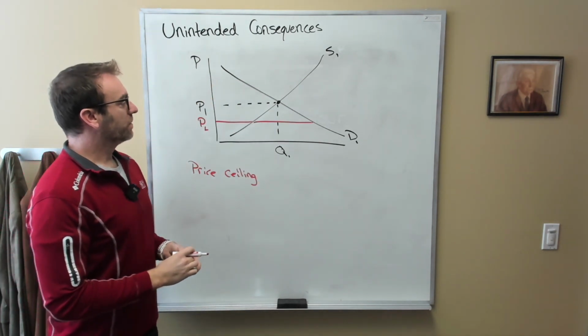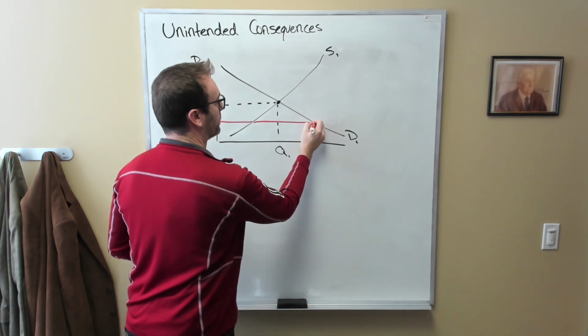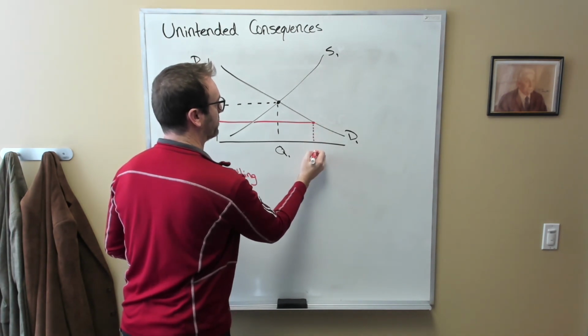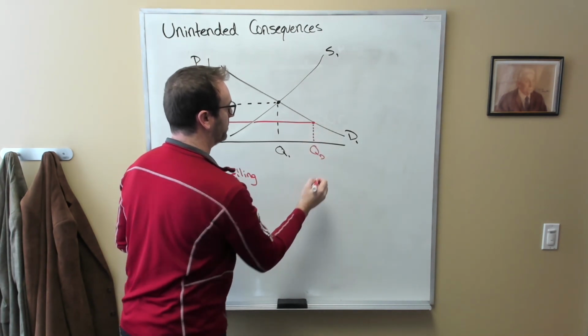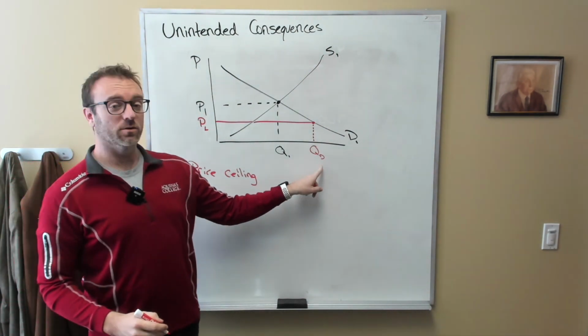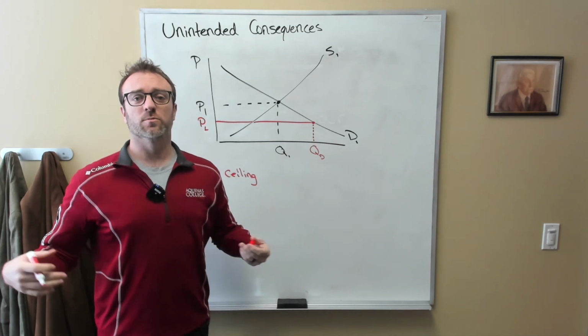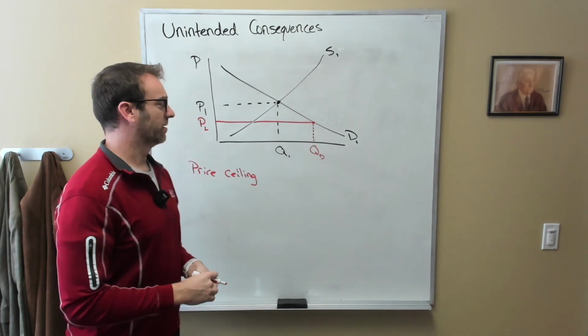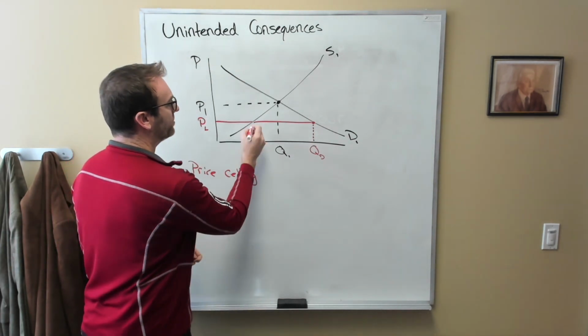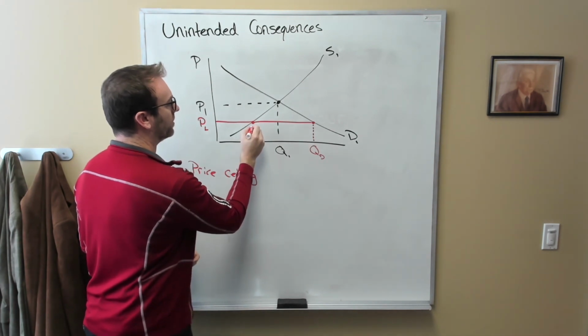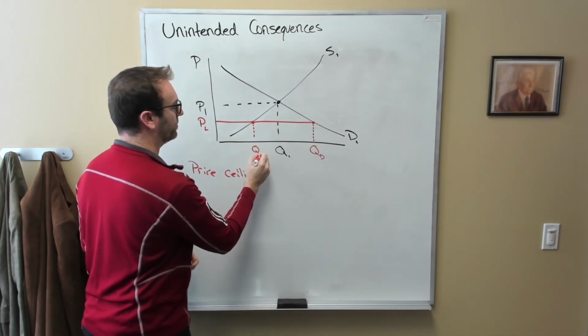At this lower price, the amount of healthcare that is desired or that we wish to purchase would be some number out here, so it would increase. And that makes sense because at lower prices, consumers wish to purchase more of something. But what we also see is this point here, which would be the quantity supplied.